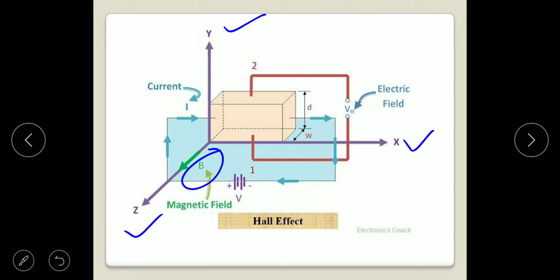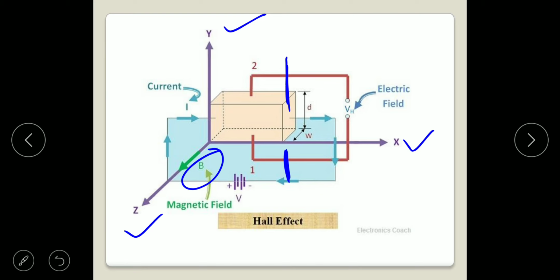Hence the potential, called the Hall voltage, appears between the two surfaces. If this terminal is positive with respect to this terminal, the semiconductor must be p-type. In this way, the polarity of the Hall voltage determines the type of semiconductor.